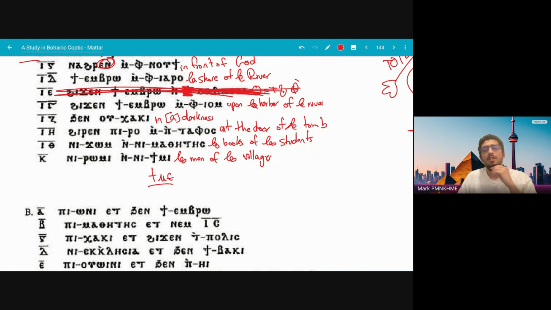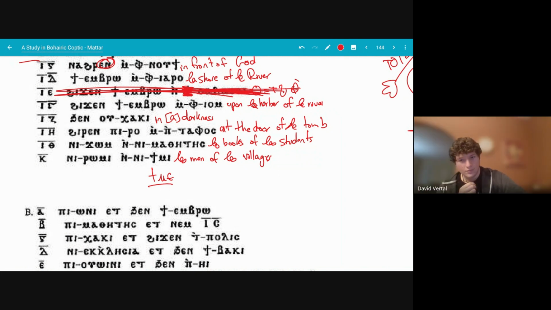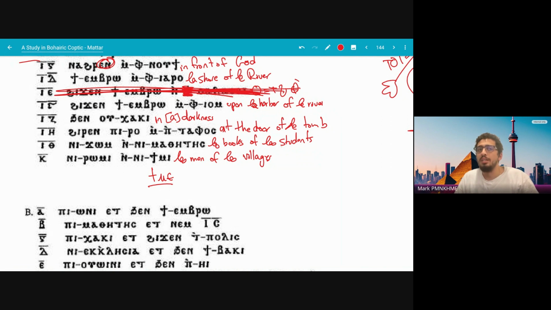So Sahidic uses time for town and polis for city. Bohairic uses timi for villages, I think, or vaki for city. Timi used to mean, if I remember correctly, a small post. What's it called? Like we have in North America, a check post down the river. Outpost?